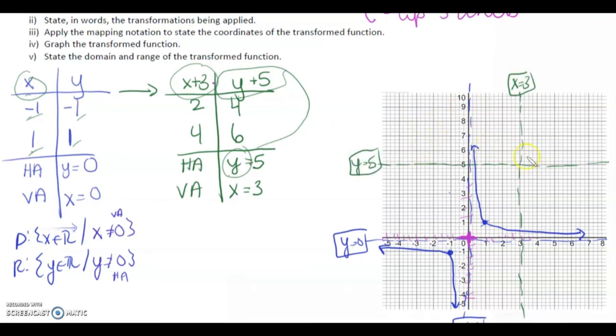What we're going to do is plot those 2 points and see what quadrants it lies in, quote unquote quadrants. Okay. 2, 4. So 2, 4 would be here, and 4, 6 would be here. So all we do is we graph our 1 over x function so that it approaches both the vertical and the horizontal asymptote.